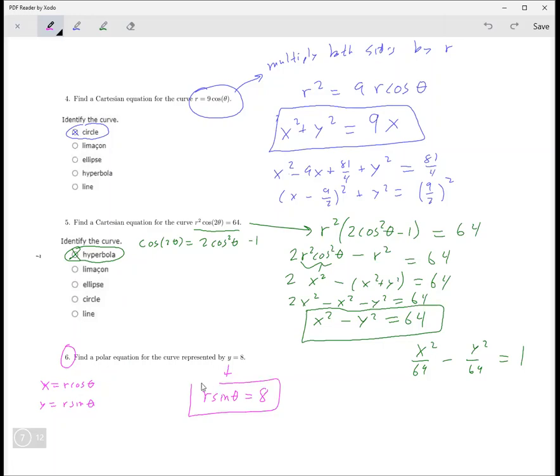That's it. So that's converting a Cartesian equation to a polar equation. Do you guys have any questions about anything we've covered so far? Then let's move to the next exercise.